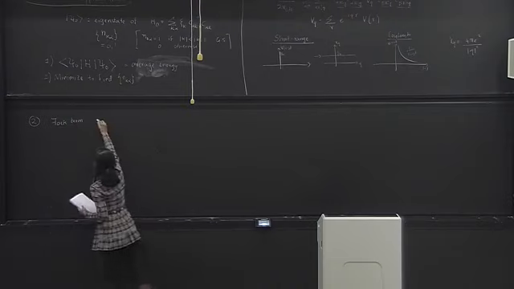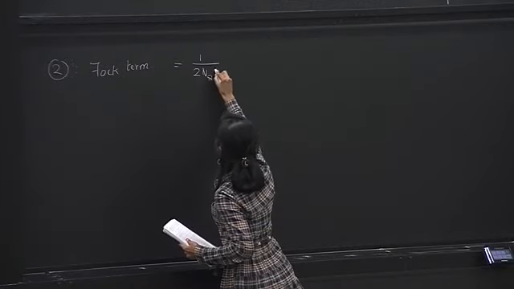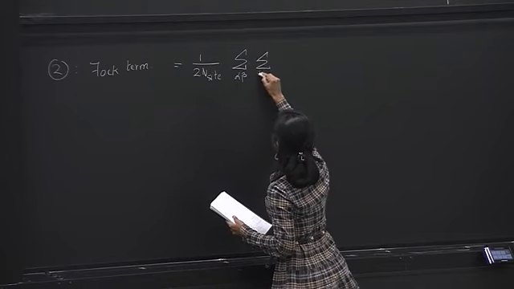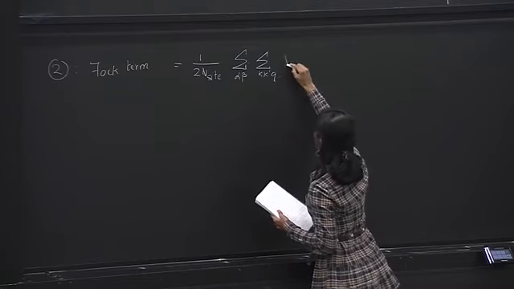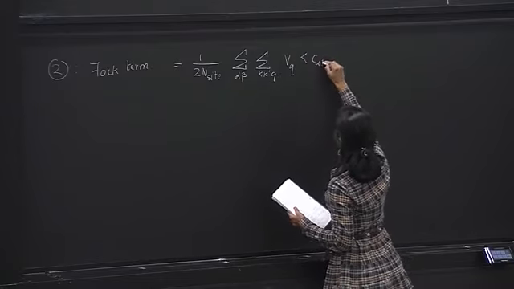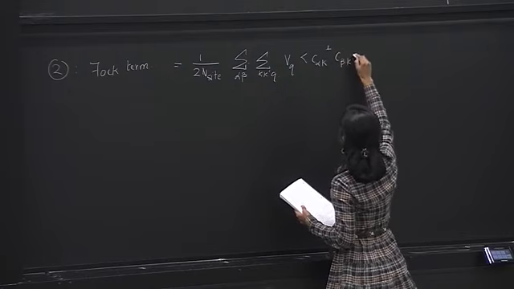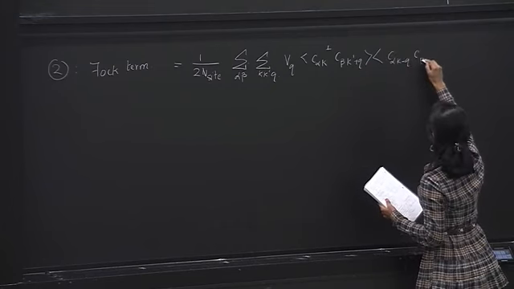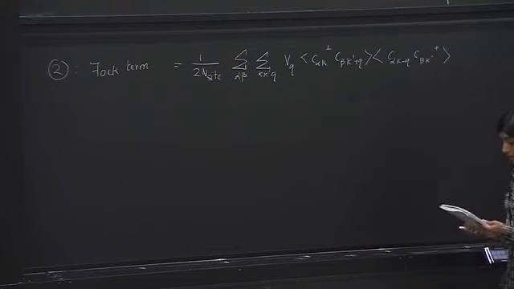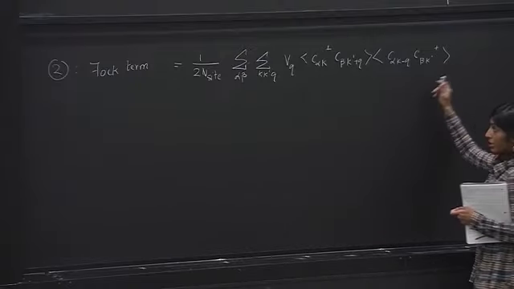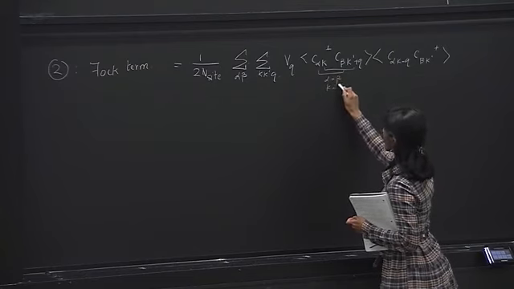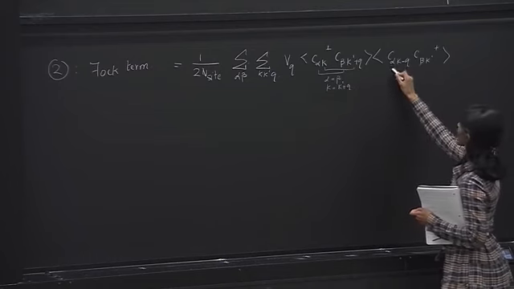And so just to write it out, okay. Once again, for these expectation values to be non-zero, we would need alpha to be equal to beta and k to equal k prime plus q, right?